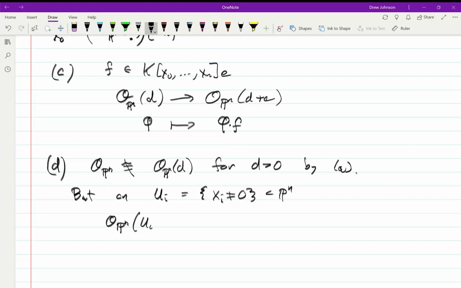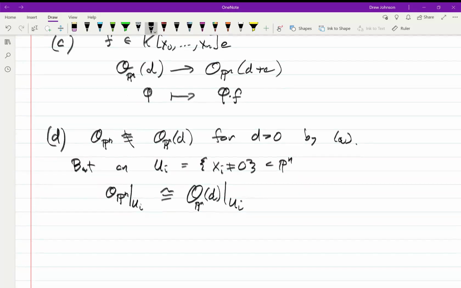O_{P^n}, not on U_i, but rather restricting the sheaf to U_i, is going to be isomorphic to O(D), restricted to U_i.